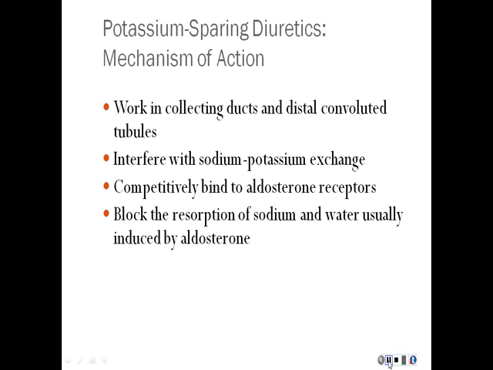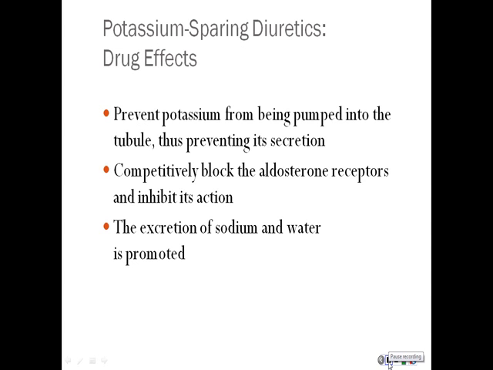So they work in the collecting ducts at the distal convoluted tubules, and they interfere with the sodium-potassium exchange, which blocks the reabsorption of sodium and water that is induced by aldosterone secretion. They competitively bind to those aldosterone receptors, and that's how these work. So how they're potassium sparing is they prevent the potassium from being pumped into the tubule, thus preventing it from being secreted, so it stays within the system.